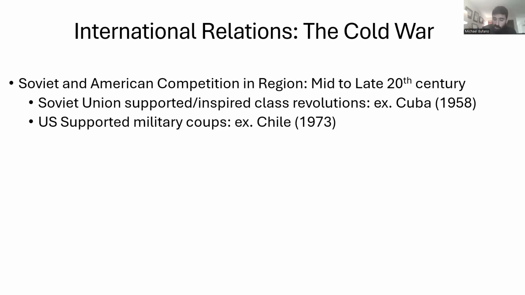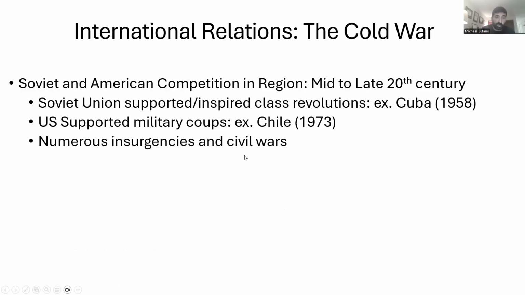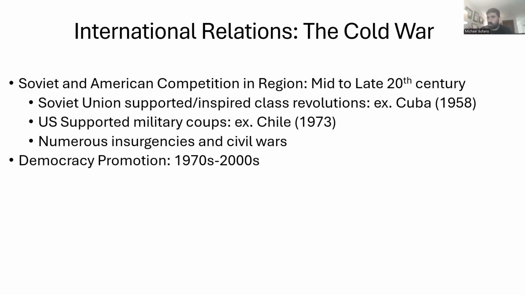So these countries had a big influence on Latin America's politics, a very controversial one, because there were also numerous insurgencies and civil wars in places like Nicaragua, El Salvador, Guatemala, and elsewhere that in many cases had a devastating impact on this region of the world, economically and politically. It also created a lot of the migration crises that in many ways still impact the region today.